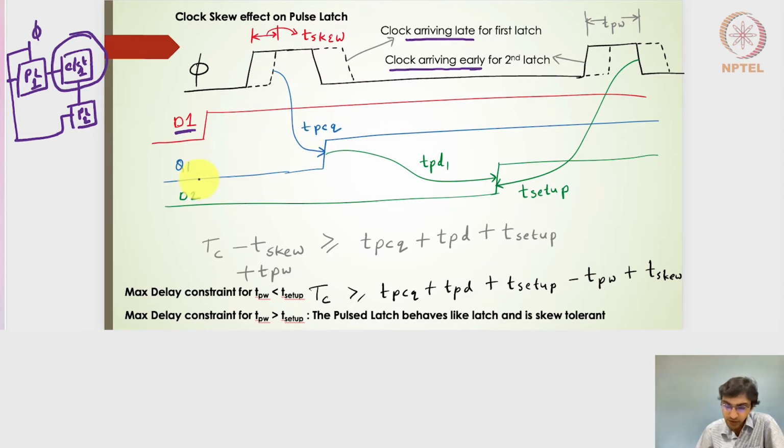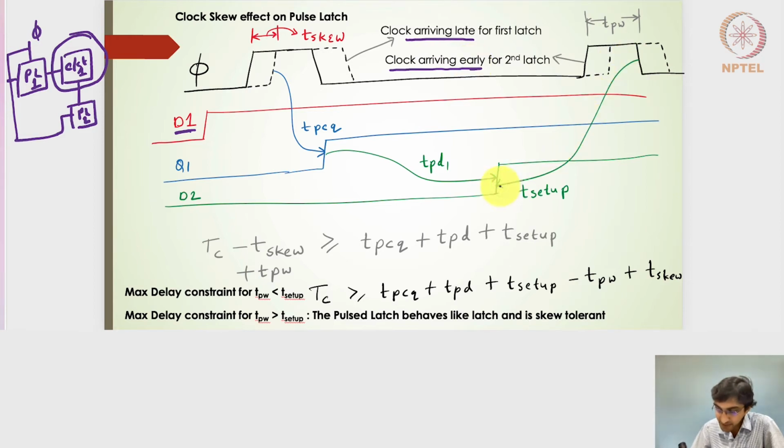That goes to the combinatorial circuit number 1, which will give the output after the propagation delay of the combinatorial circuit. This output should be made available at least before the T setup time of the clock going to pulse latch number 2, which is the clock arriving early.